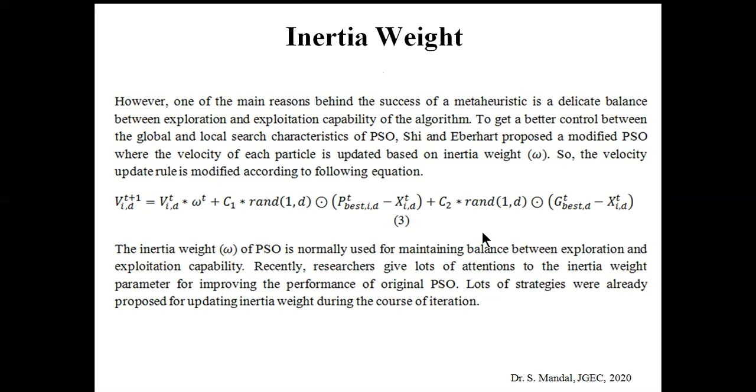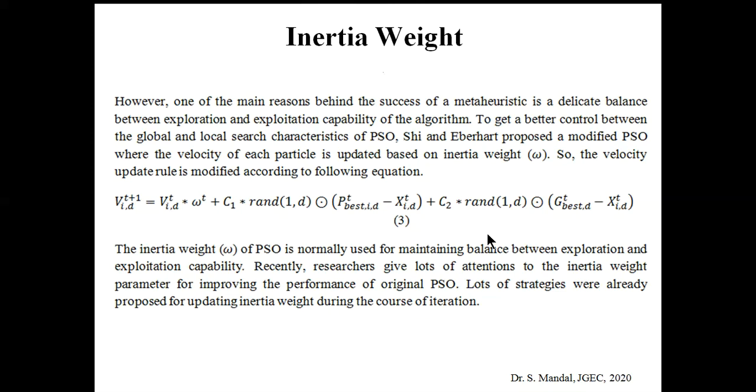So a metaheuristic must have some kind of strategy to control them. Initially, an algorithm should have better global search, and as the iterations proceed, local search will be more.